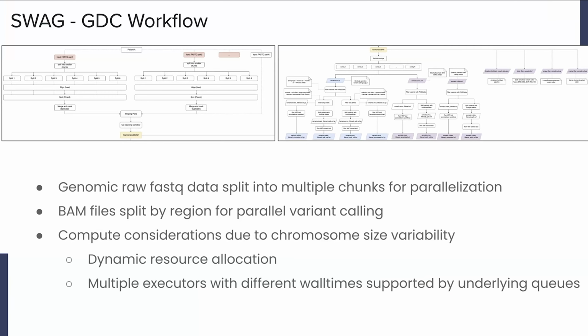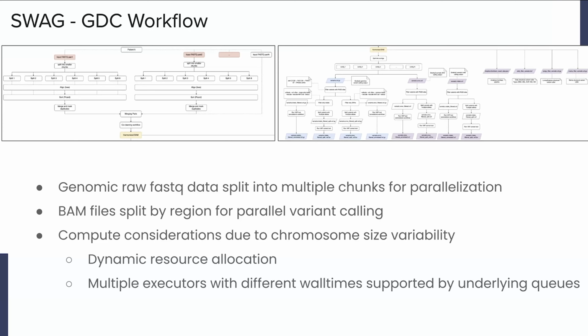However, they do not provide a scalable workflow that would allow researchers to process DNA sequencing samples at scale. So we have replicated that same GDC pipeline using Swag, which again uses Parsl for its parallelization capabilities. So this is basically our attempt to solve that problem of processing petabyte scale genomic data.